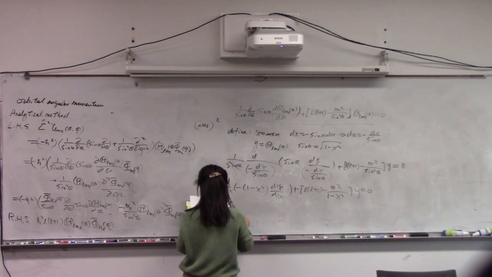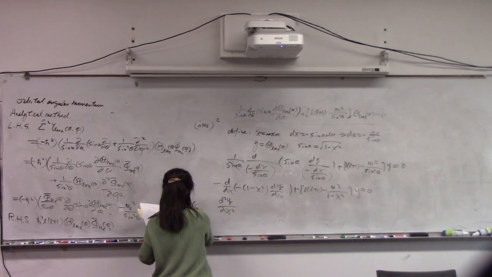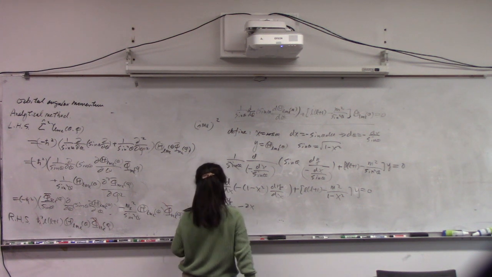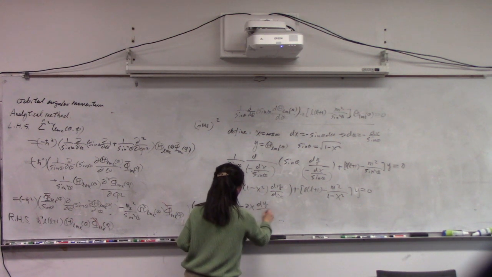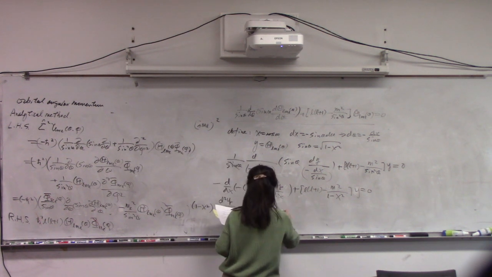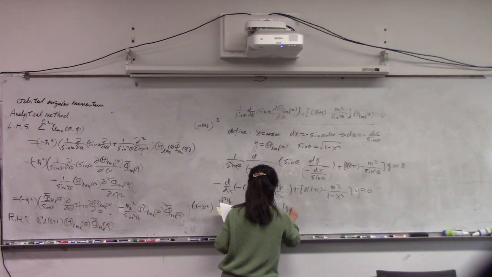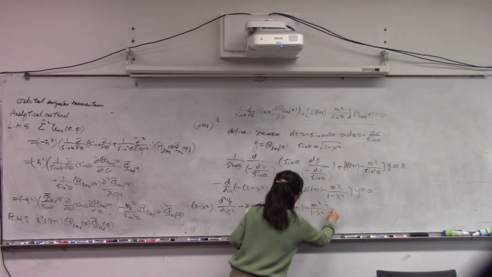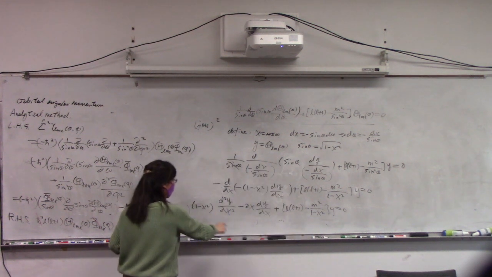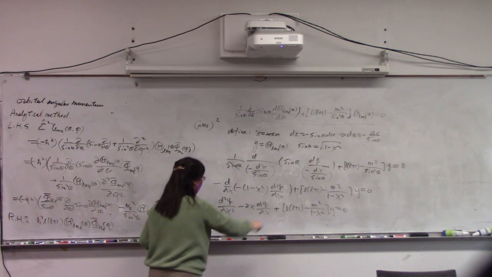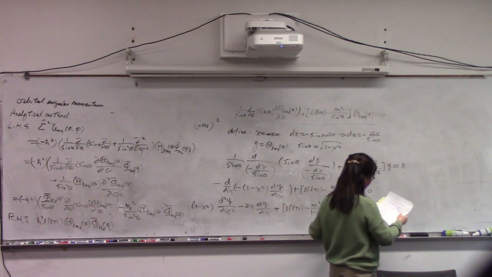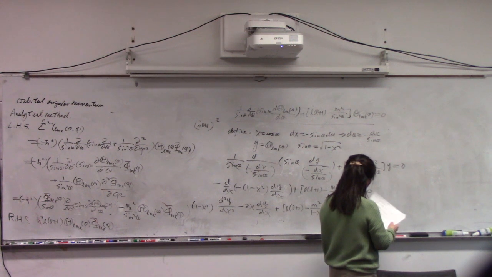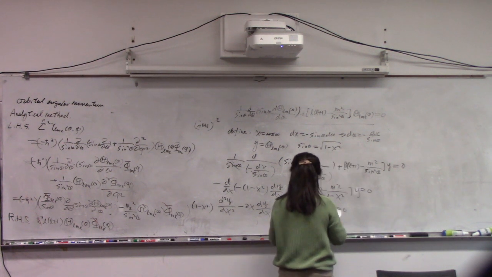So that is (1 minus x squared) d squared y/dx squared minus 2x dy/dx, and the other part I still keep: plus L(L+1) minus m squared over 1 minus x squared, times y, equal to 0. Then I'm going to multiply by 1 minus x squared on all sides. That's clear.